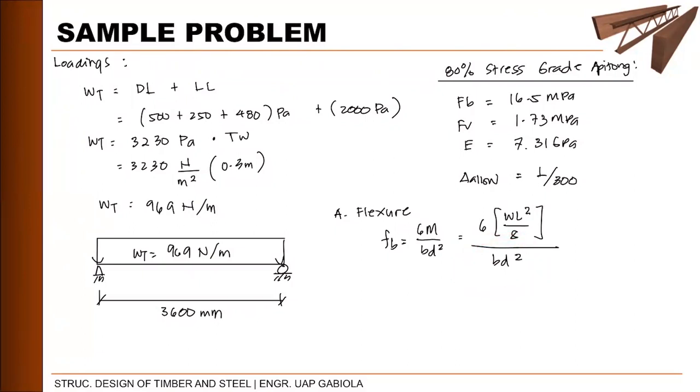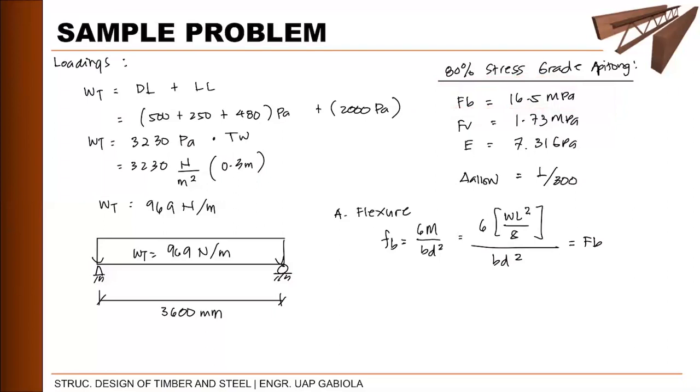So, what we can do is to equate natin yung actual value ng bending natin sa allowable value ng bending natin. Equate natin dun sa allowable. Meaning, yung makukuha nating dimension should be yung pinaka-minimum na magbibigay ng gantong stress.